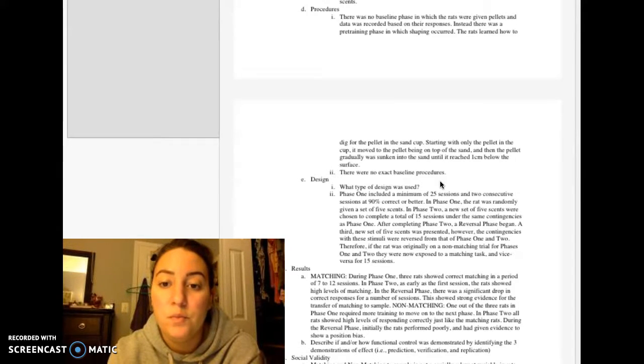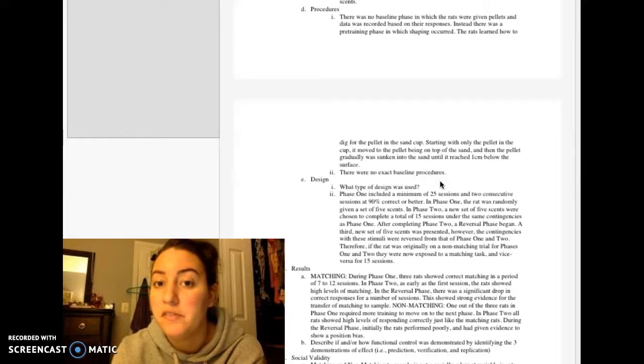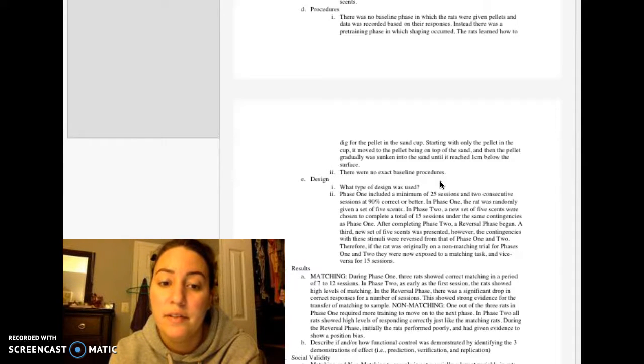In phase 1, the rat was randomly given a set of 5 scents. In this experiment, there were 3 different sets of scents. In phase 1, they got the first set, and once mastered, they moved on to phase 2, and the rat was randomly given a second set of the scents. The same criteria applied, but there were 15 sessions instead of 25.